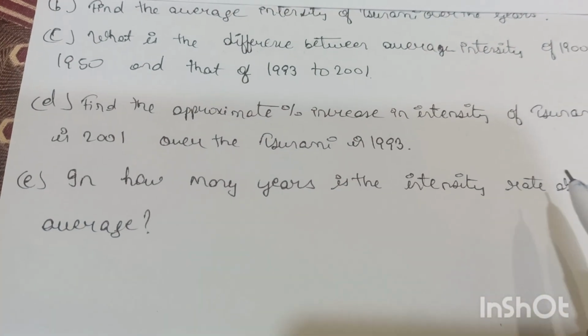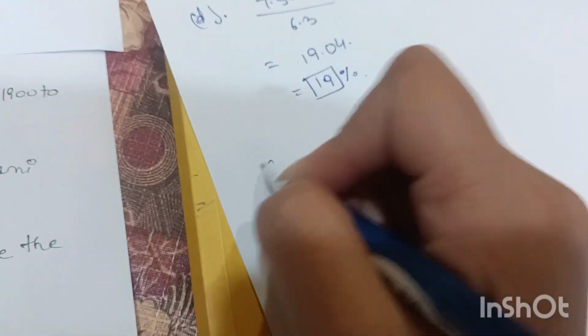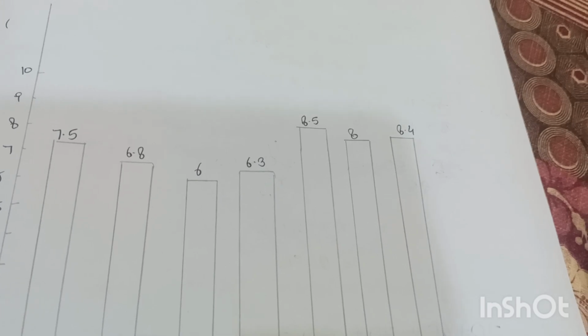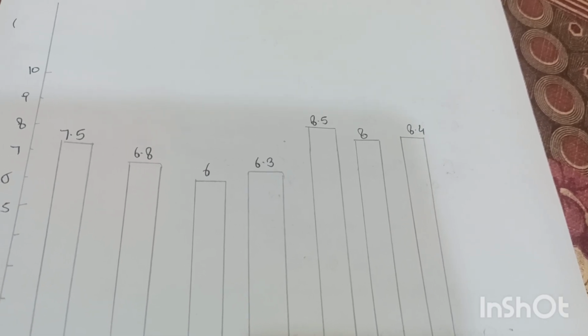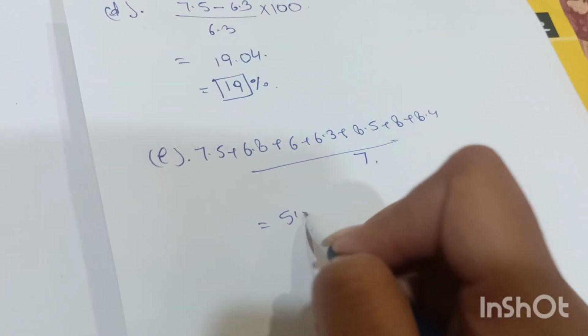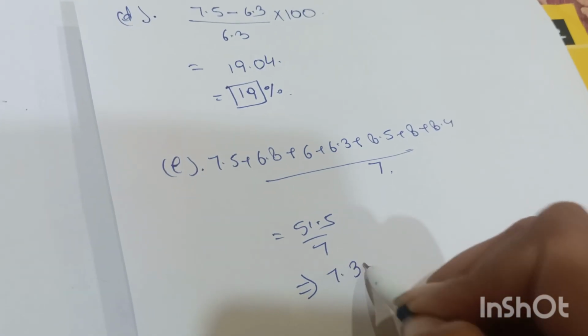So for option number E, you have to find the average first. We have already found it, but let's do it once again. 7.5 plus 6.8 plus 6 plus 6.3 plus 8.5 plus 8 plus 8.4 upon 7. So you'll get the value 7.35.